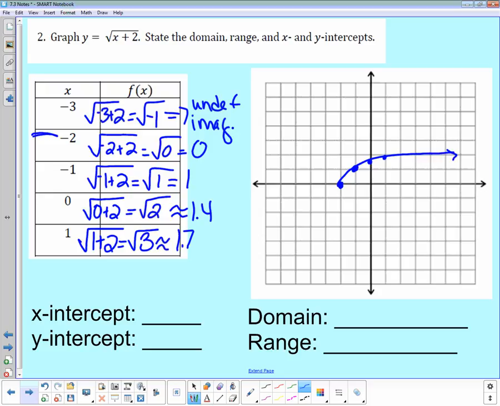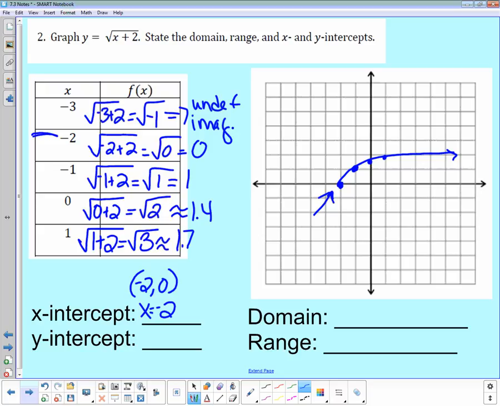All right, so our x-intercept is where our graph intersects the x-axis. It looks like it's hitting our x-axis at this point right here, and so that would be x equals -2. We can write this as (-2, 0).